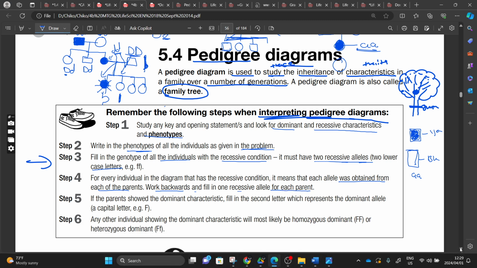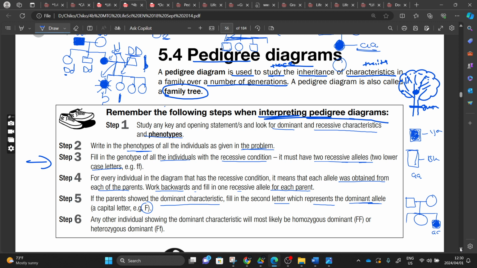Step number 4. Step number 5, if the parents showed the dominant characteristic, fill in the second letter which represents the dominant allele, the capital letter. Here's the thing. If for an example, you have your father here, and then you have your mother here, and then you have you here. Let's say you have another offspring, another sibling here.